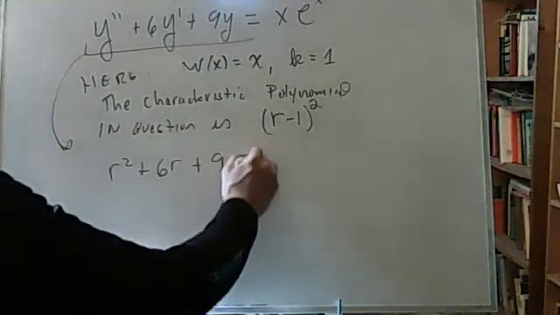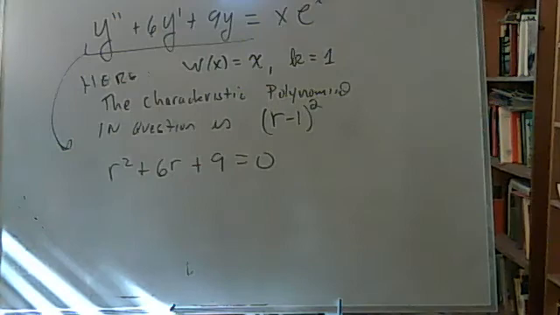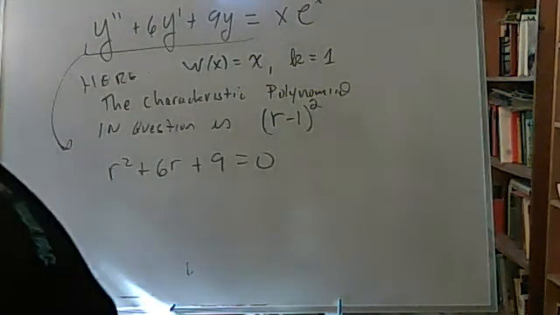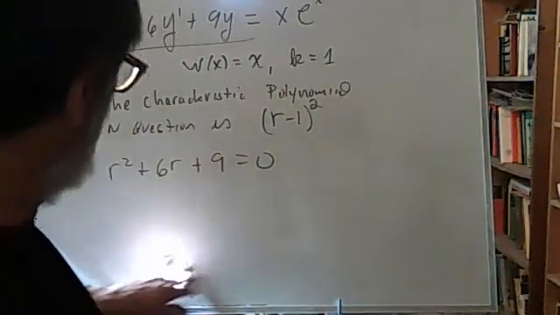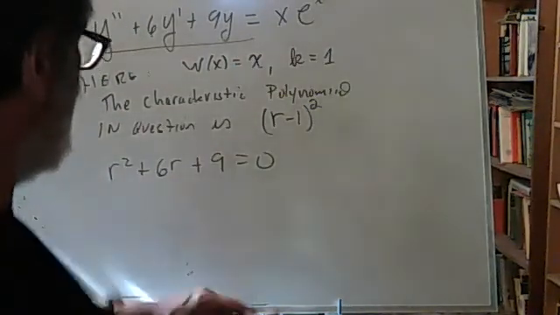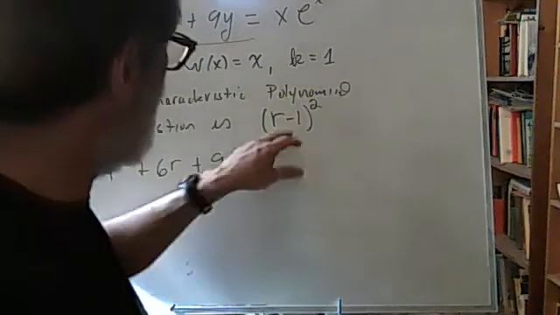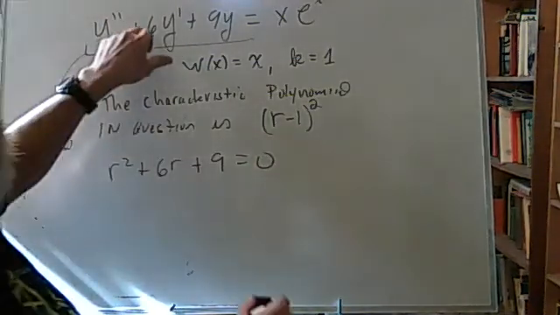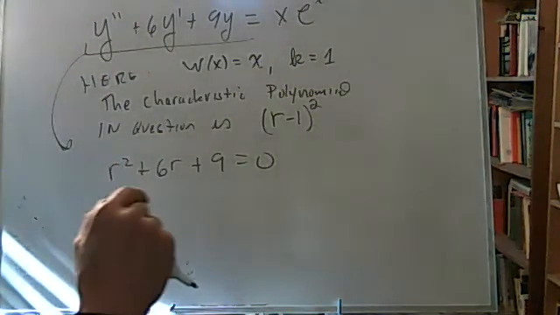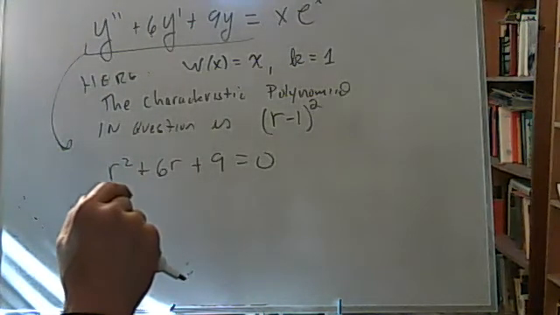So this thing is going to be a solution to the differential equation you get when you multiply these two characteristic polynomials together and then re-engineer the differential equation. I don't want to do that because that's a lot of algebra, but that's basically what it's saying here.